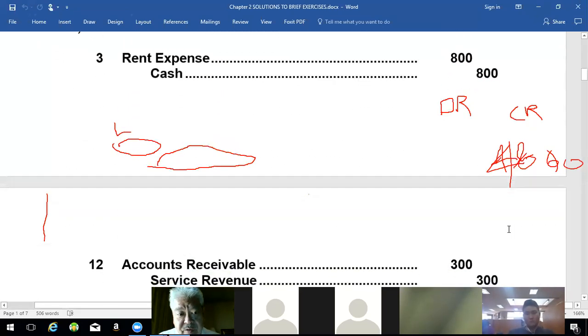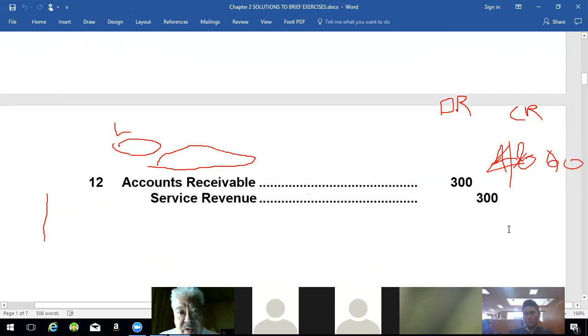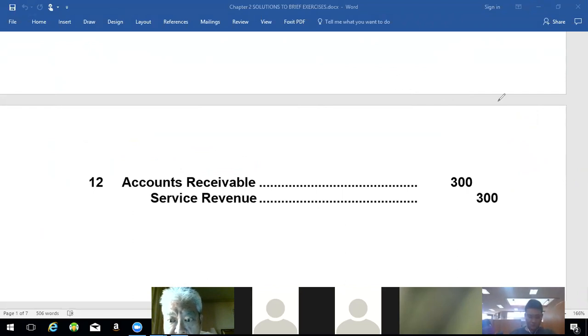And then the last entry that was given to us was the performance of something we sold. So we have a revenue. And then for that, the customer said that they'll pay us later.